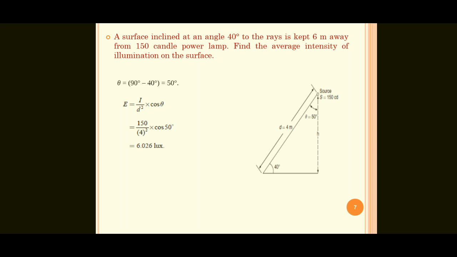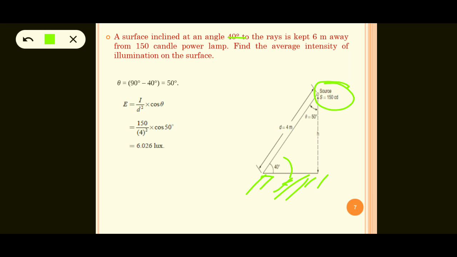First draw the figure of the 40 degrees, with the surface 6 meters away from the 150 candle power source.